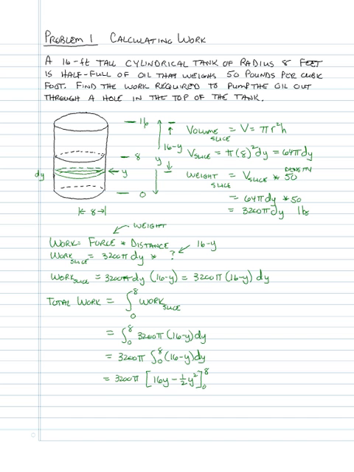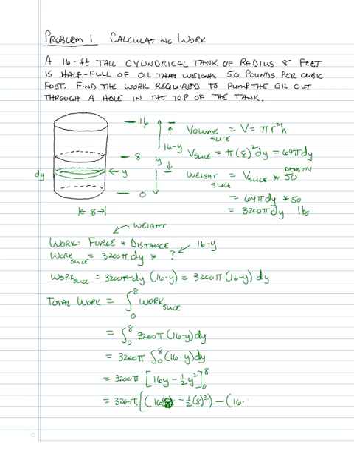Well, as we do that calculation, we would have 3,200 pi times 16 times 8, we're replacing the y's with 8, minus 1/2 8 squared, and then we subtract from that, replacing the y's with 0.